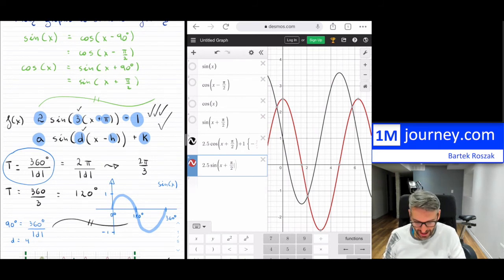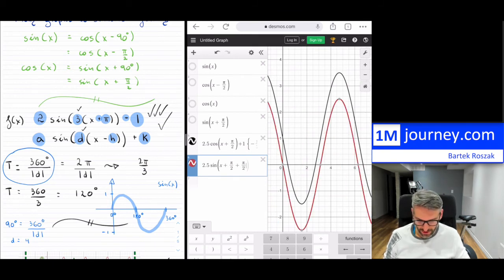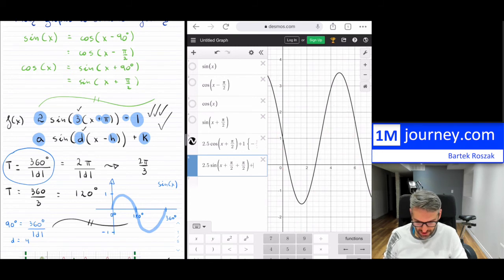So you would have to add another pi over 2. This stays the same. Notice they're right on top of each other. So pi over 2 plus pi over 2 would have been pi, so that would have been just a shift.